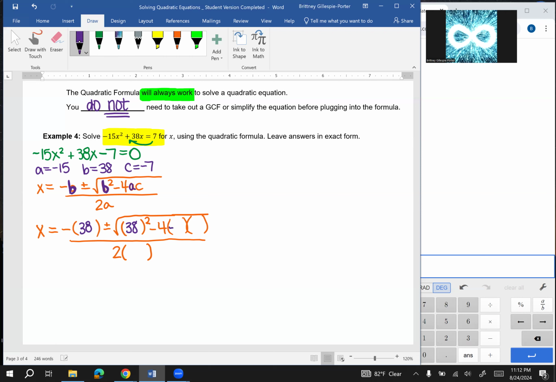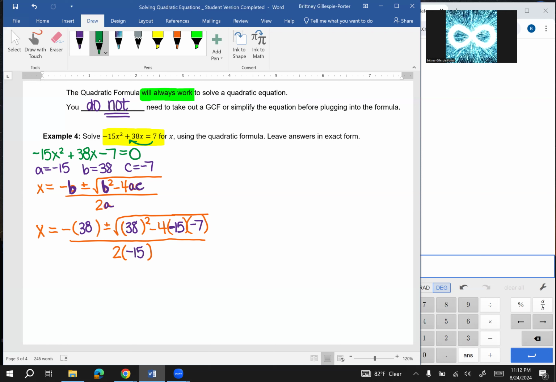We said a was -15. Don't drop your sign, the negative's still there. And then c, which was -7, all over 2 times a, which we said was -15.